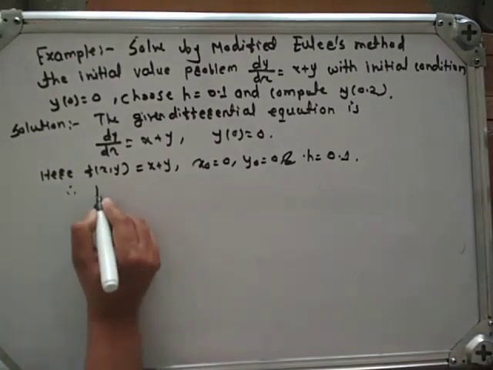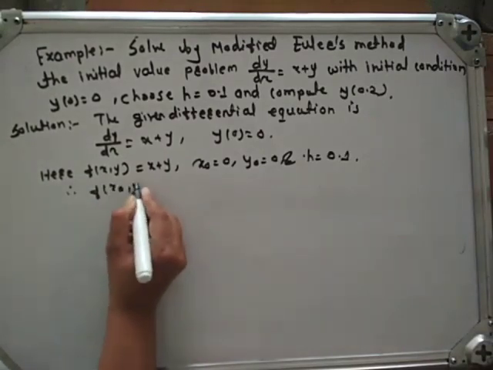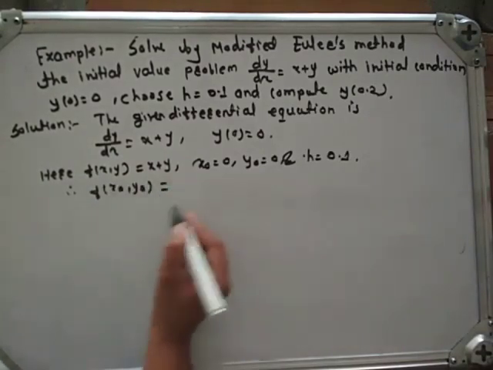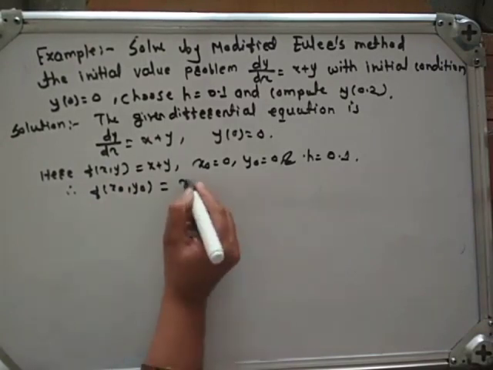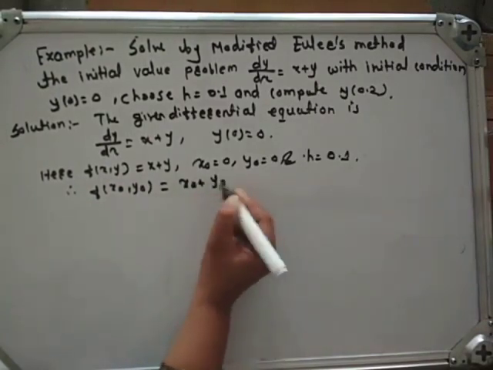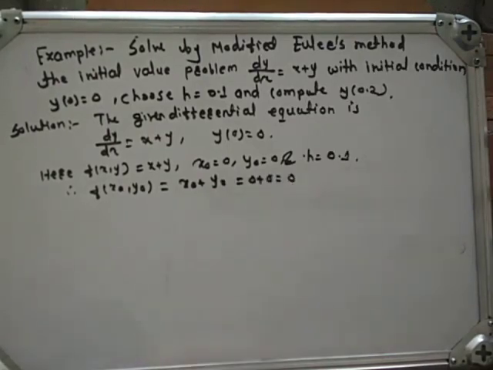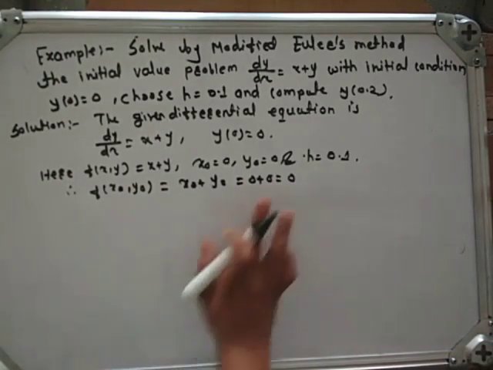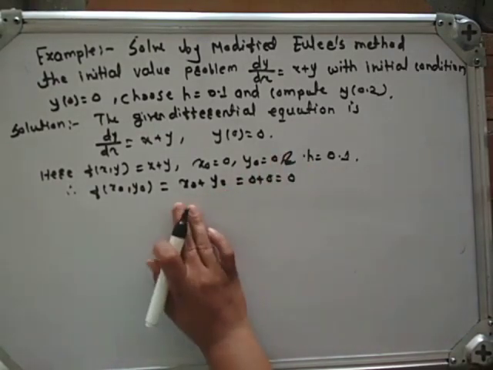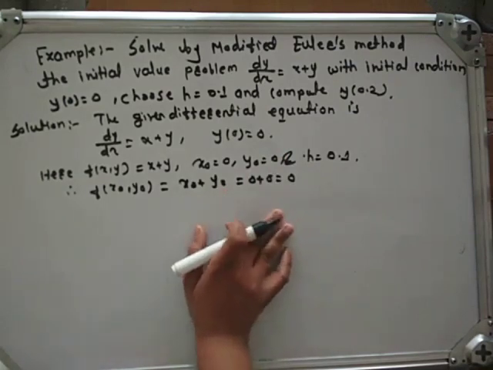So first of all we find f of x0, y0 because we require this value. So 0 plus 0 is equal to 0, because x0 is 0 and y0 is also 0, so their addition is also 0.